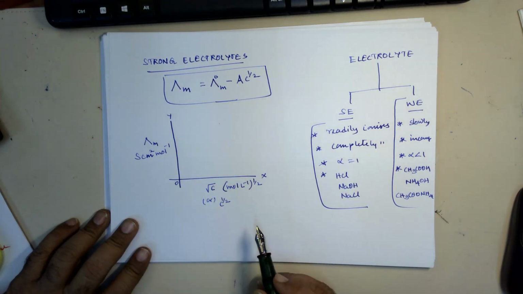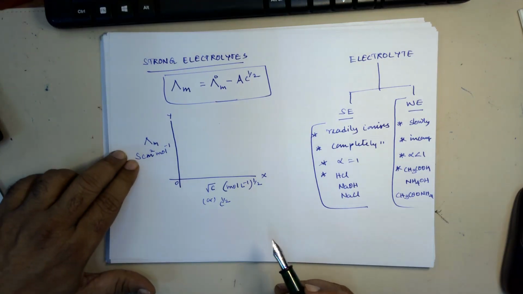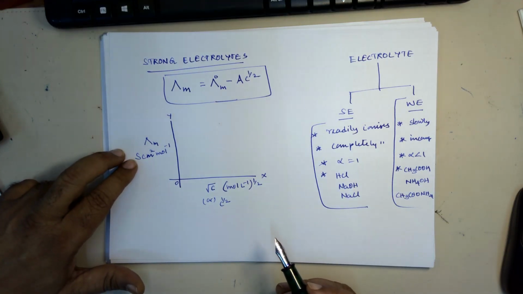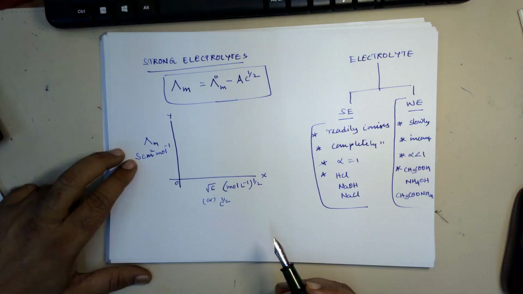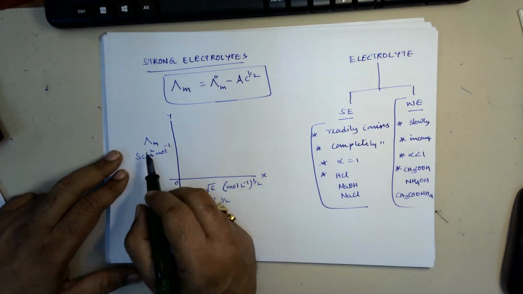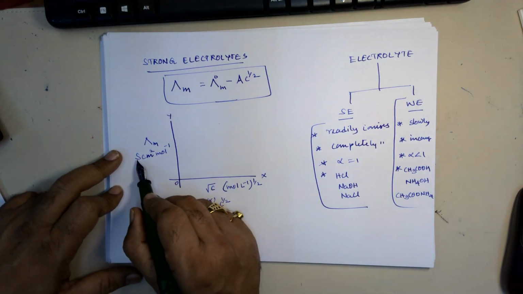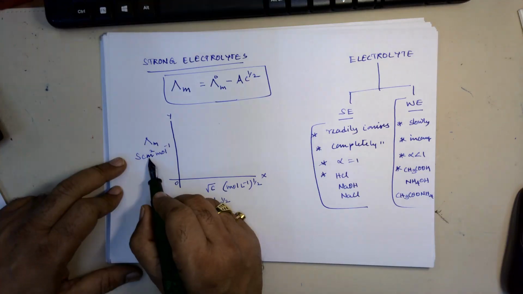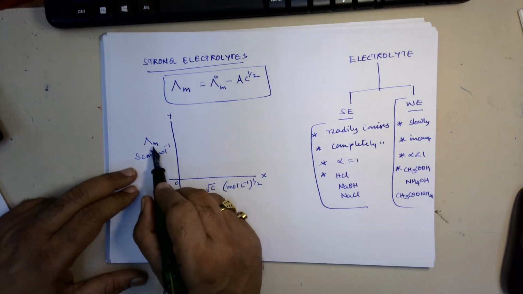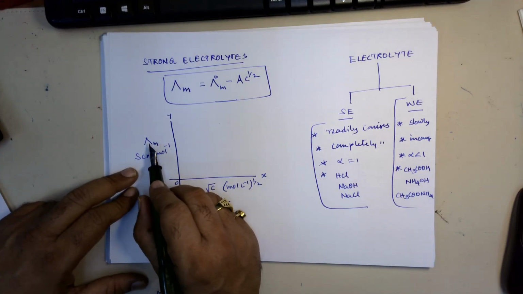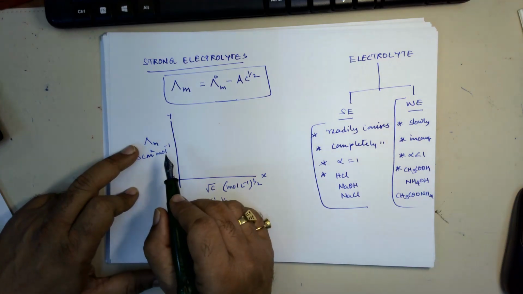Now let us go by centimeter square. So what is that? Siemens. What do you mean by Siemens? Ohm inverse, that is also represented as mho. So this mho or Siemens square centimeter per mole is the unit of Lambda m.